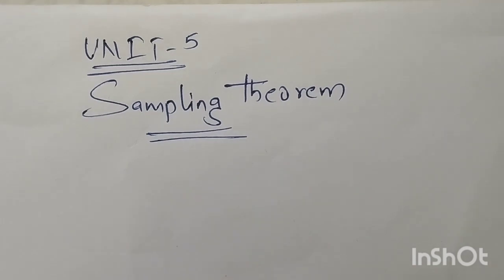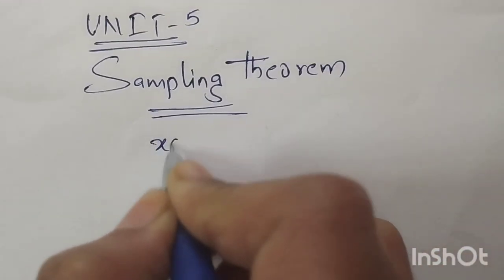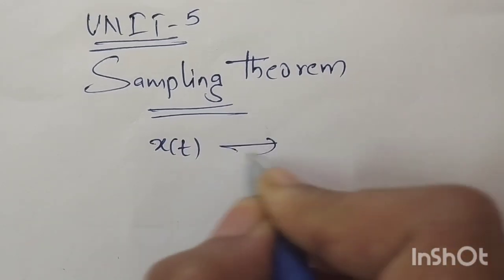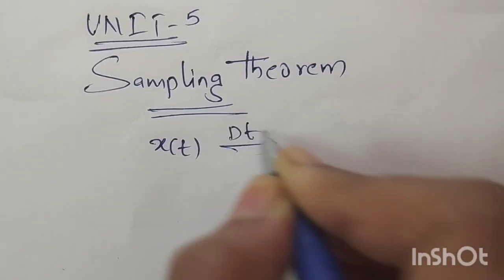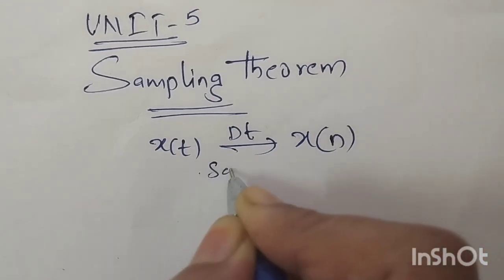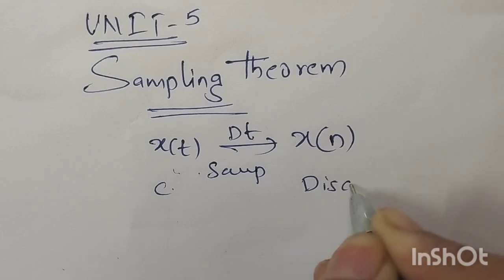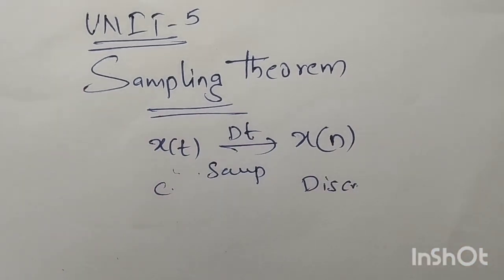Just to see the representation: how do we represent a continuous time signal x of t, and after converting it into the discrete domain, how do we represent x of n? Sampling is the principle to convert a continuous time signal into a discrete signal, isn't it? To convert it into a digital signal, again some coding techniques like Manchester coding and binary coding techniques are used.